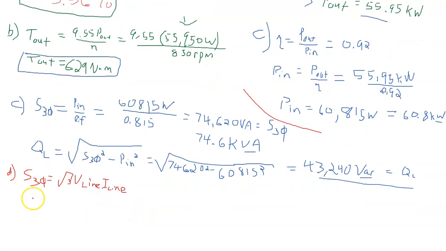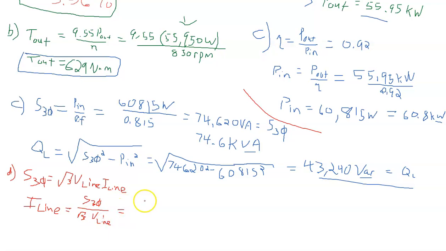So of course that means the line current is equal to S3 phase divided by root 3 and divided by V line.